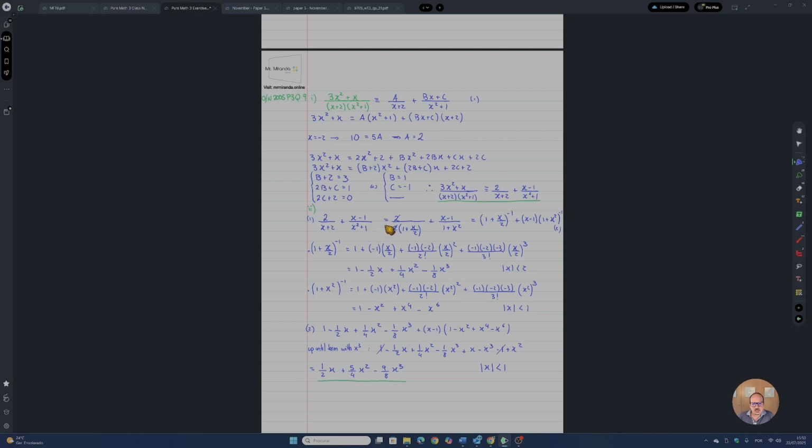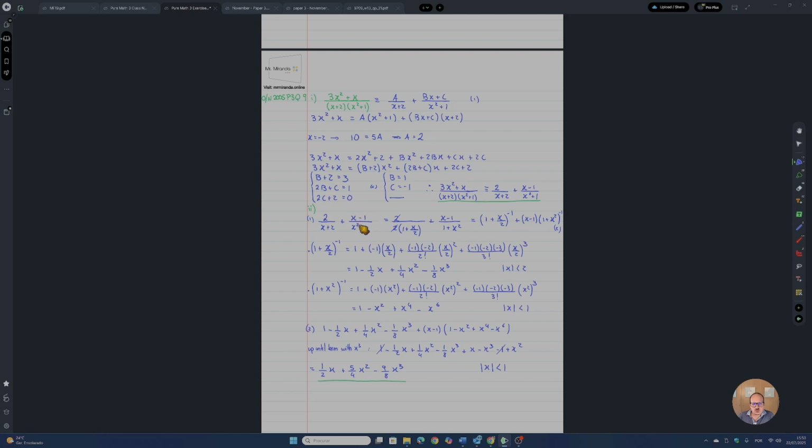You can write this as 2 over 2, and then you factorize what you have left. I also put the 2 first, so this is going to be 1 plus x over 2. This 2 is going to cut out with that 2, so this equals what? This equals just 1 plus x over 2 to the power of minus 1. You can expand this. Let's work with that one as well.